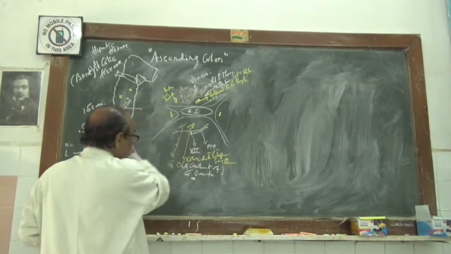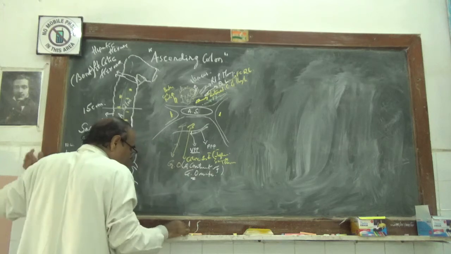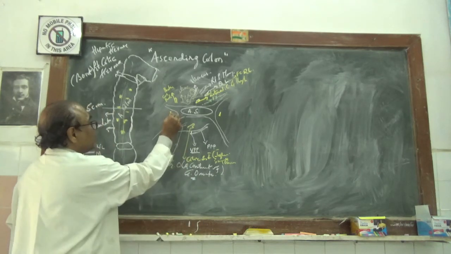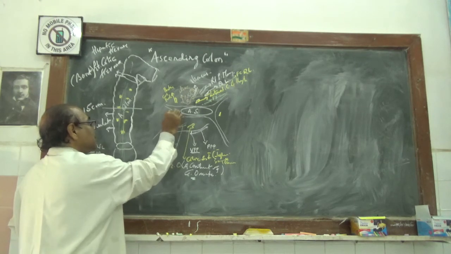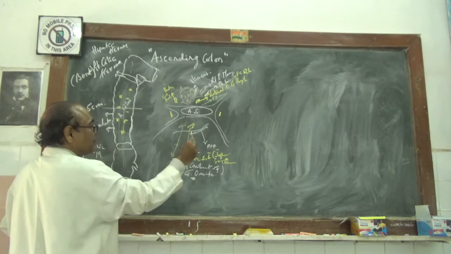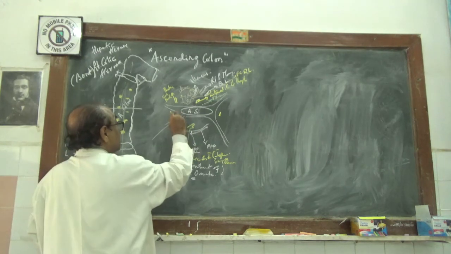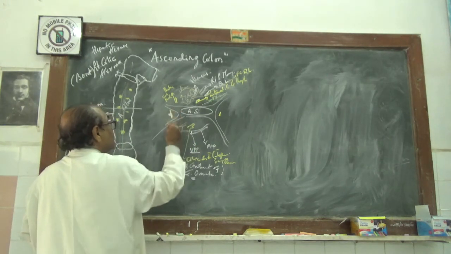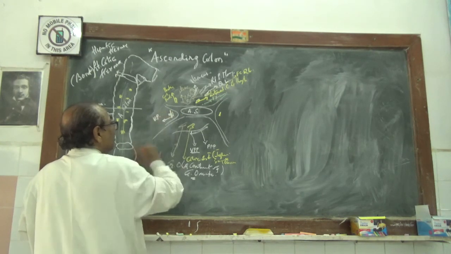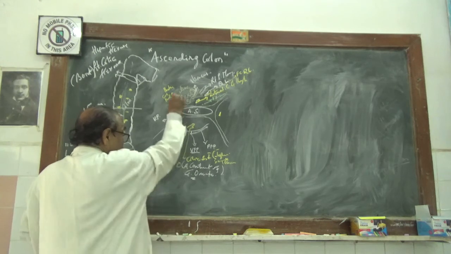Now you will have the lateral relation of the ascending colon. It will be the parietal part of the peritoneum, then the visceral part of the peritoneum, then the paracolic pouch which you had got here.